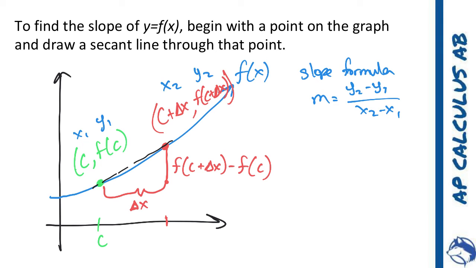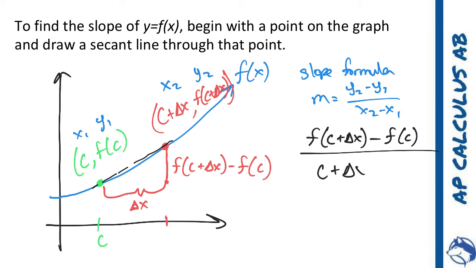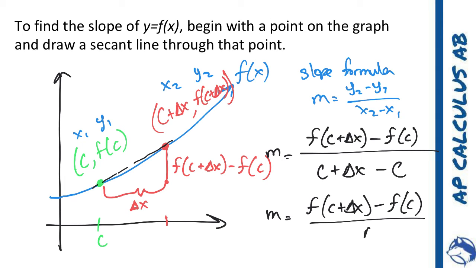I've got my y2, which is f of c plus delta x, minus my y1, which is f of c. That's all going to be over my x2, c plus delta x, minus my x1, which is c. So that's my slope, and this is going to end up being equal to f of c plus delta x minus f of c, all of that over delta x.